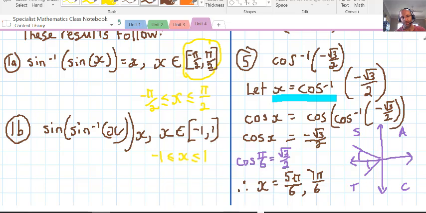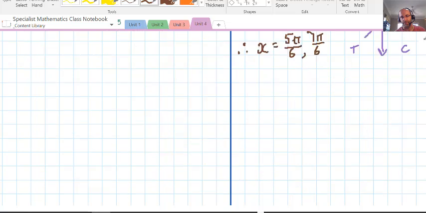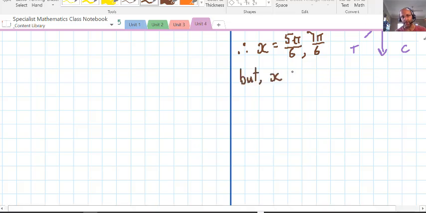So we need to check the solutions against the interval 0 through to pi inclusive. And if you need to recall the pi part, go watch 2 videos ago or check your Cornell notes. So x must be an element of the interval 0 to pi inclusive, which excludes 7 pi on 6, and even if we take the negative 5 pi on 6, it's still not going to work.